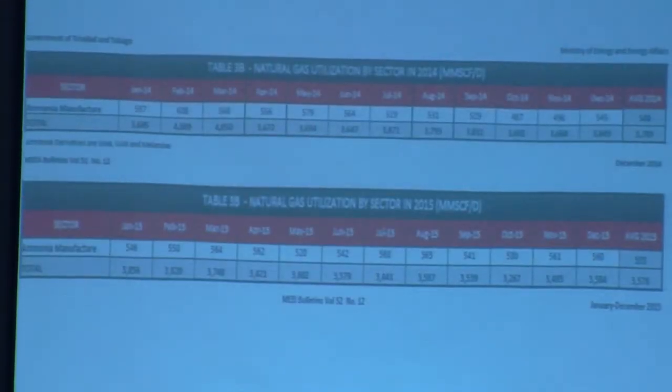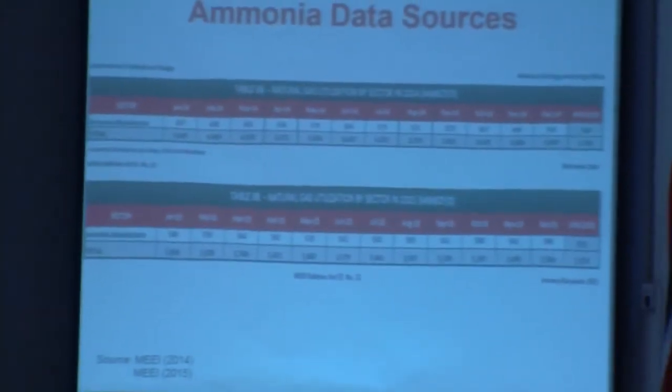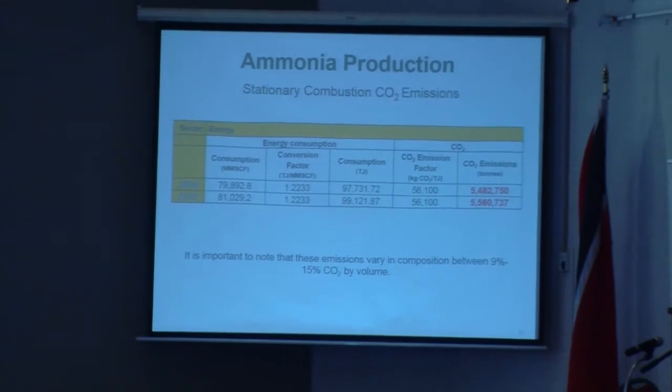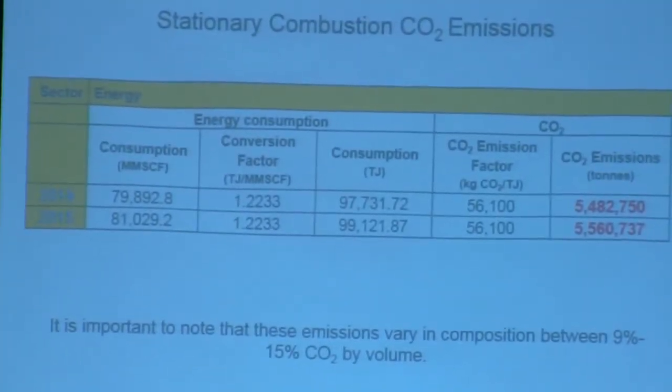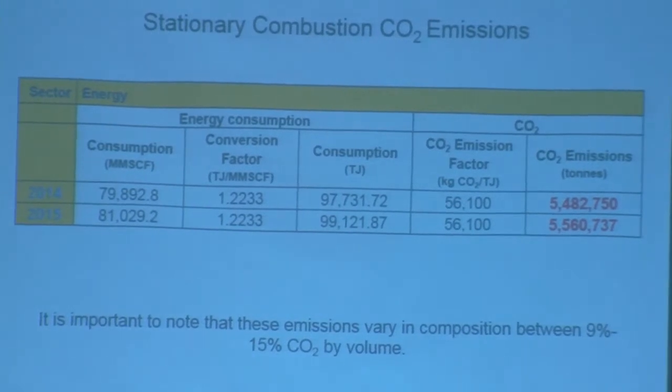And the Ministry of Energy website has fuel consumption data. And very quickly we were able to compute the emissions in the ammonia synthesis plants in Trinidad and Tobago from that heat usage of natural gas.